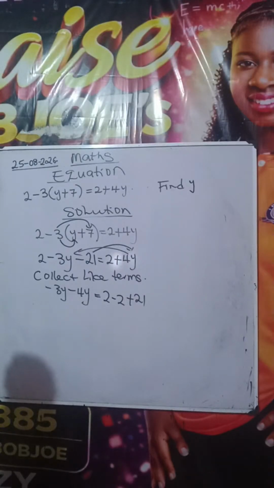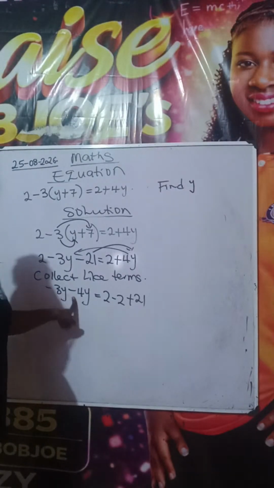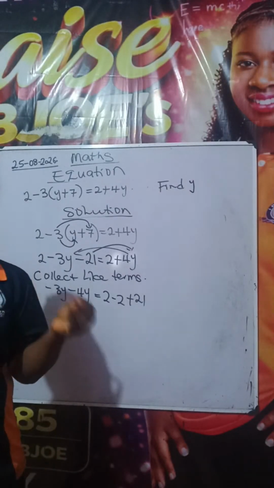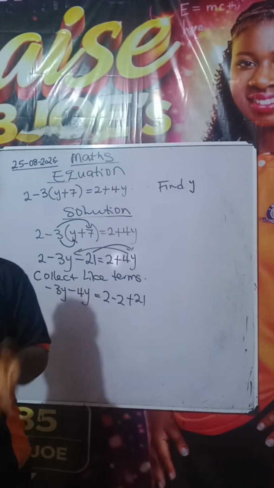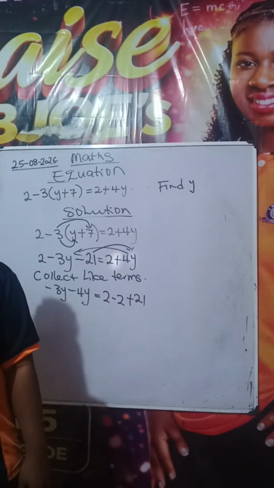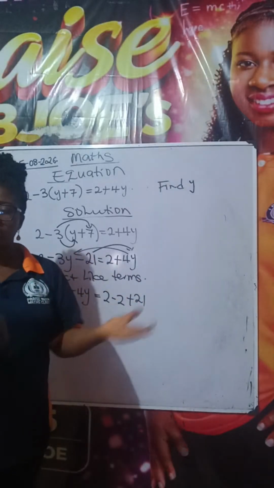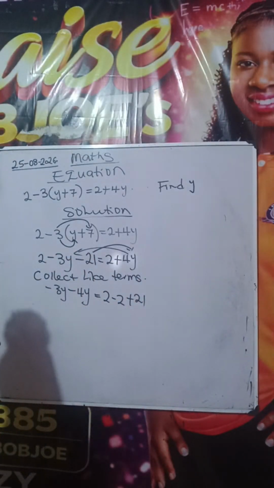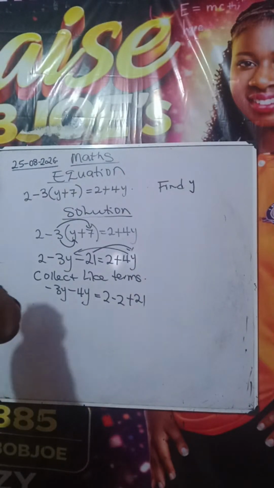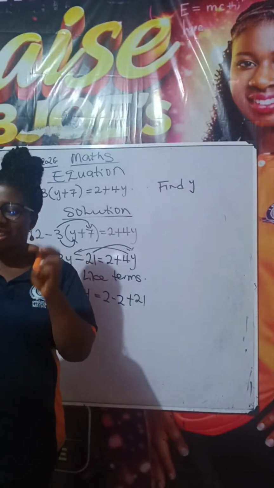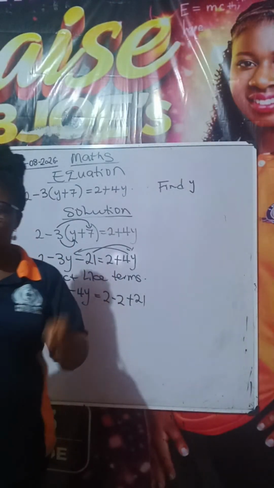Everybody is following. Okay. Now minus 3y minus 4y, what do we have? Guys, if you have minus 3 and you have minus 4, what do we have?